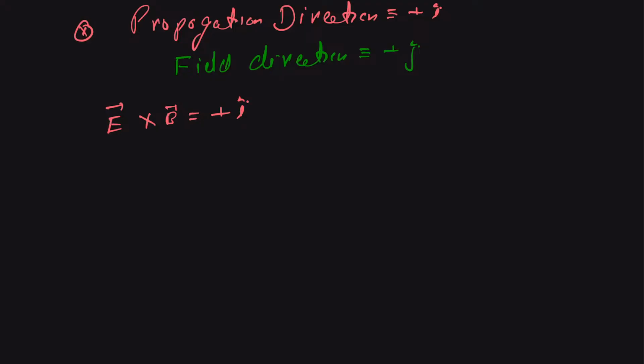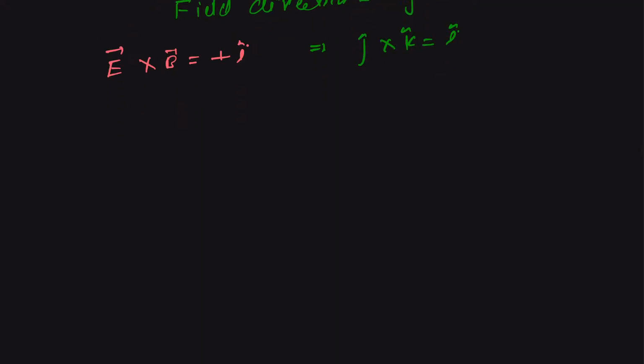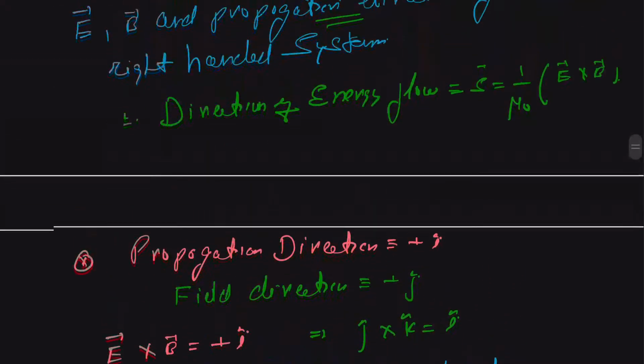And as per our right hand rule, we know that j cross k is giving us our i unit vector. Therefore, we can write that our magnetic field will be parallel to our plus k unit vector, or we can say in the z direction. That's why we call this a right-handed system.